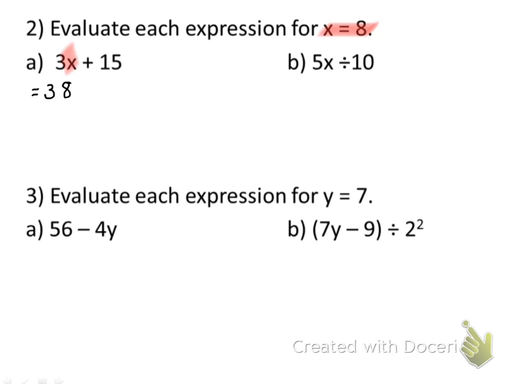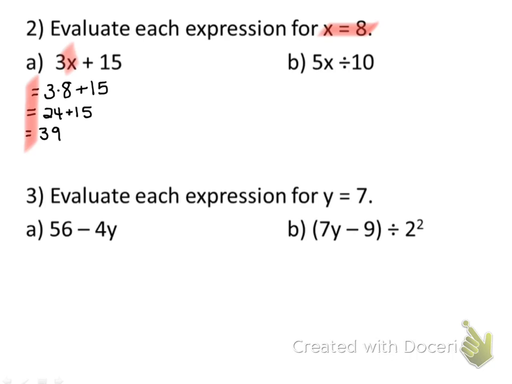You have to write 3 times 8 plus 15. Now we use our PEMDAS. Multiplication comes first, so 3 times 8 is 24 plus 15. Now we're going to add 24 and 15, and that gives us 39. So we've finished our first one. Again, notice I put equal signs all lined up in a line down the side. I expect yours to be written the exact same way.